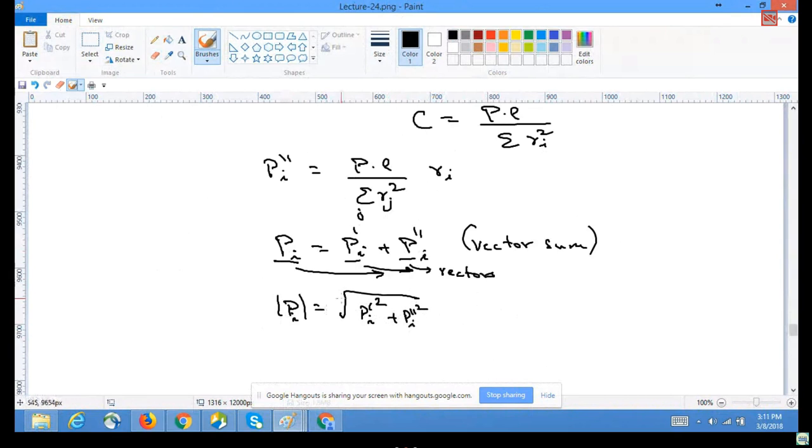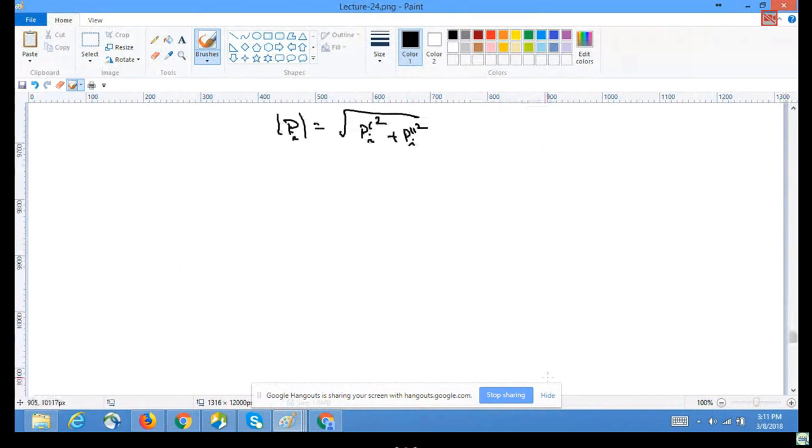That will give you the magnitude of it, which is very similar to that of the previous case. So for this case, let us see how that looks like.